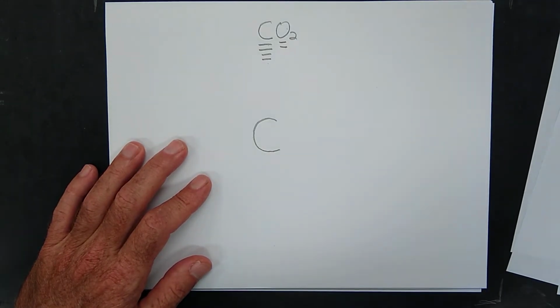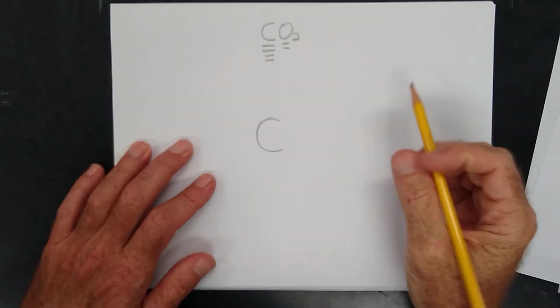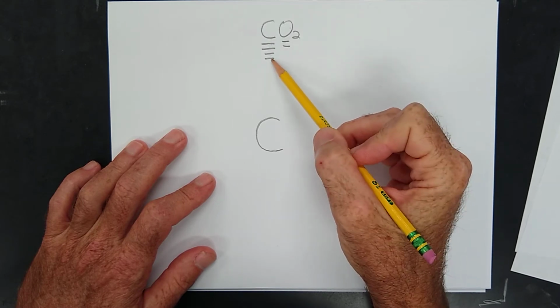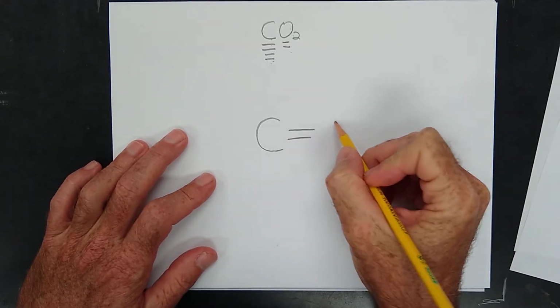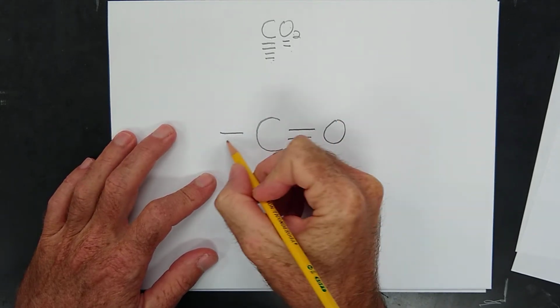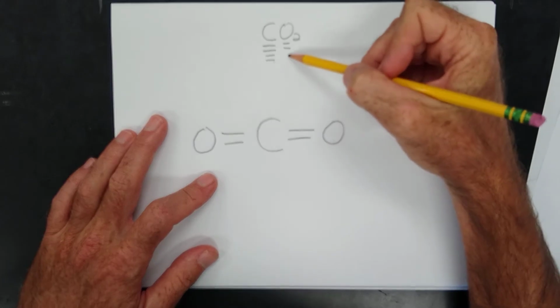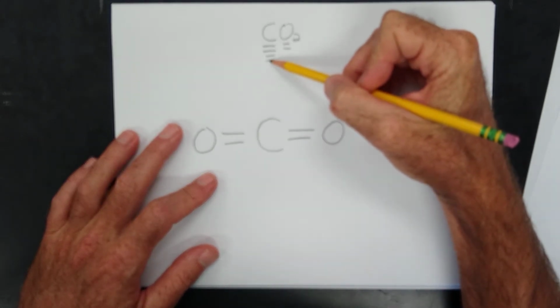If we try to draw a molecule and we want to give carbon 4 lines and oxygen 2 lines, well, we can actually pull that off. If it's CO2 and you draw it like this, then both of the oxygens have the 2 lines they're looking for, and the carbon has the 4 lines it's looking for.